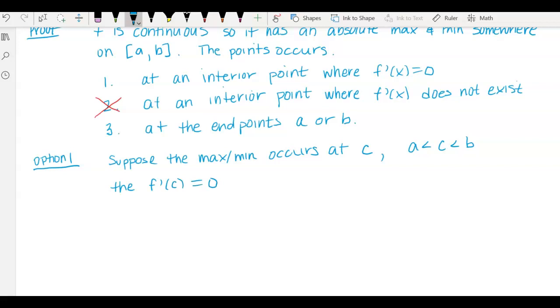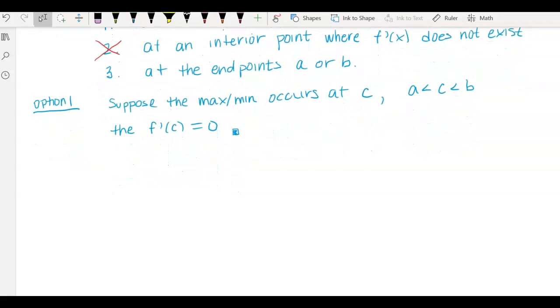We had a theorem before, right, that if we have a local max or a local min in the interior, then the derivative is equal to 0. So in that case, we know we've got that horizontal tangent. So in this case, we would be done. This is kind of just an extension of what we did last week.